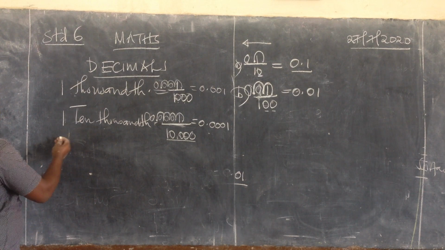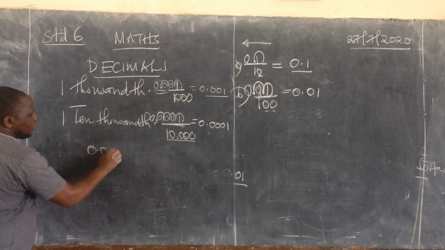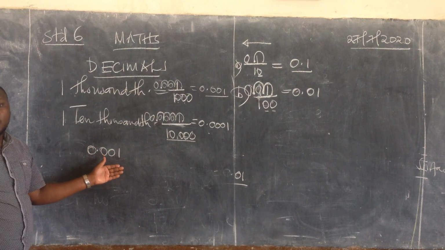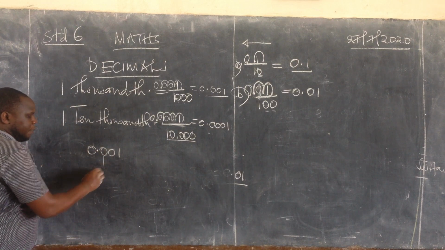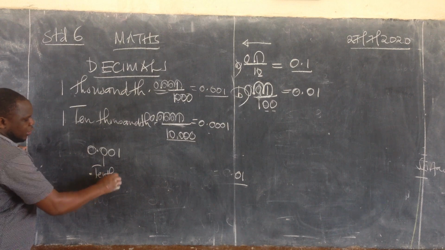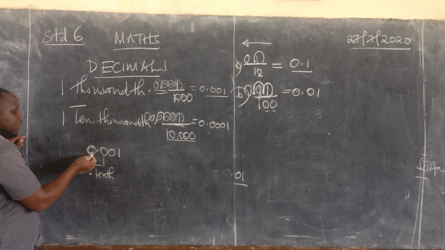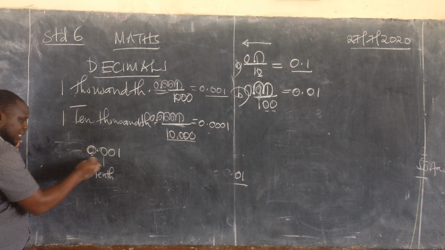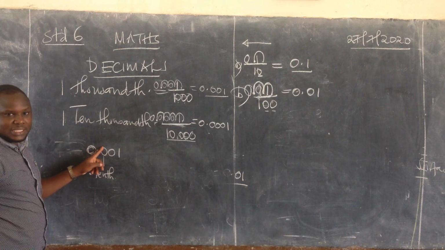Now I want to show you what 1,000 is in this case. We've said that in decimal it becomes 0.001. Now we want to see it in terms of place value. We don't begin with ones. When counting from the left side, we begin with ones, because these are whole numbers. But from the decimal point towards your right-hand side, we begin with tens.